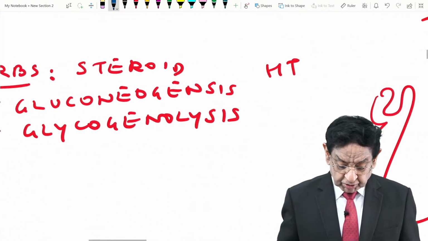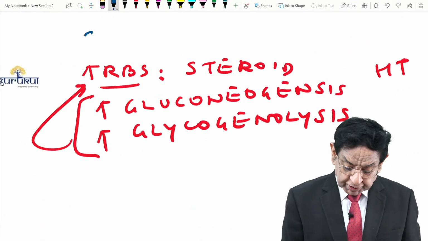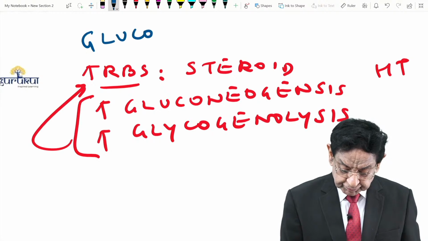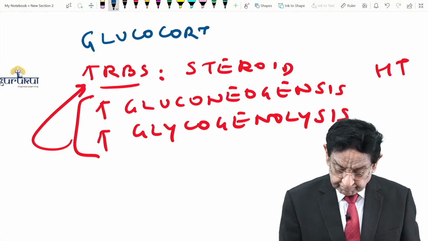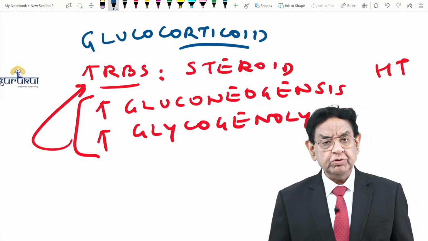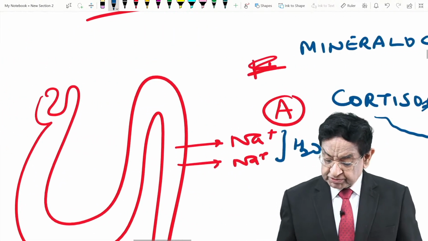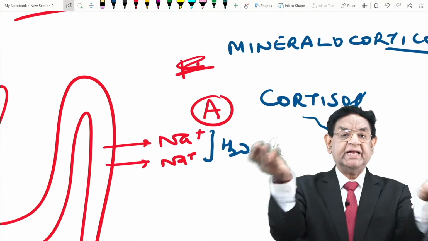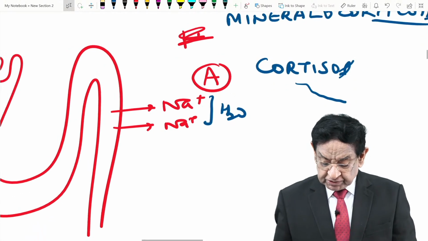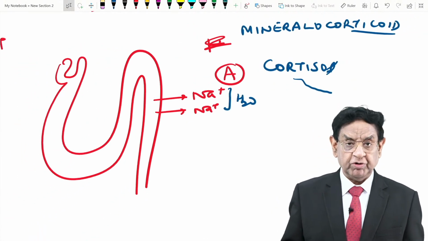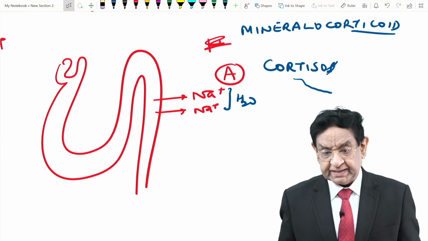And just now we talked about this, the so-called glucocorticoid activity. So steroids raise the blood sugar by glucocorticoid activity, and they also have mineralocorticoid activity, which is just like aldosterone. That's why I have written aldosterone, just for better understanding.